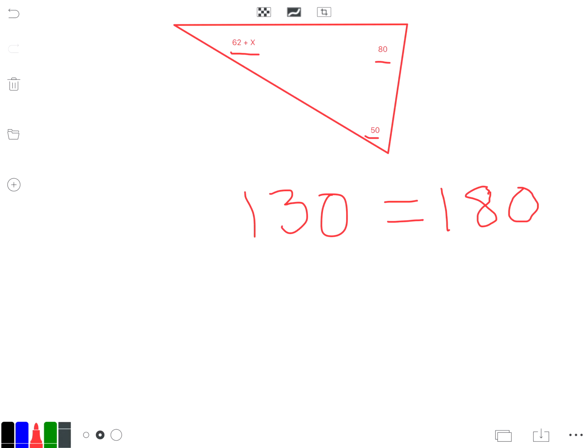So the way we can do this is to condense it and make it easier. If you combine 130 plus the 62, those three numbers would give us 192.